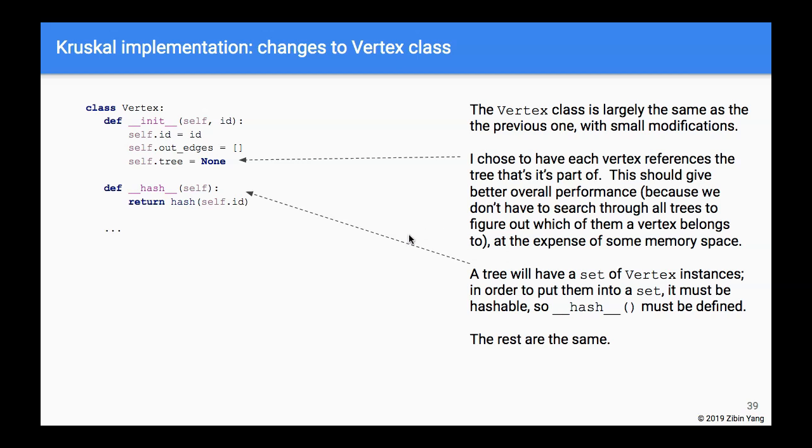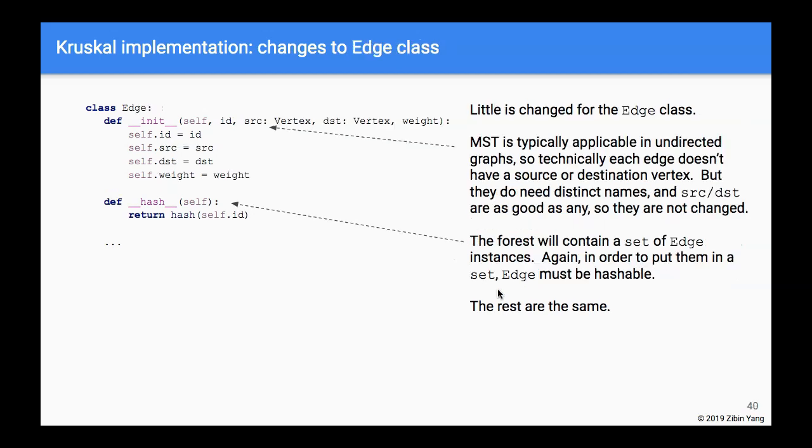That's the requirement for a set, if you remember that from our hash table lectures. So that's why I have to implement the dunder hash. To hash a vertex, the simple thing is just to hash the ID, which we assume is unique from the client's perspective.